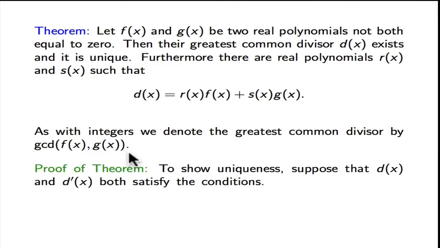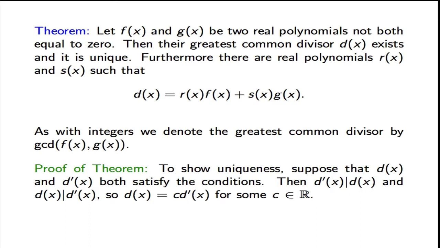So let's proceed with the proof, and we start by showing uniqueness first. So suppose we have two real polynomials d(x) and d prime(x), which both satisfy the conditions, meaning that they are both monic, they both divide both f(x) and g(x), and if some other real polynomial divides both f(x) and g(x), then it divides d(x) and d prime(x).